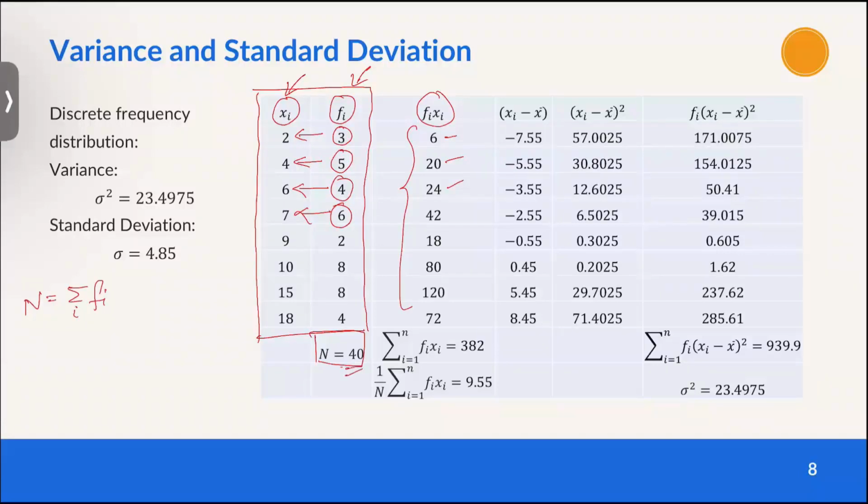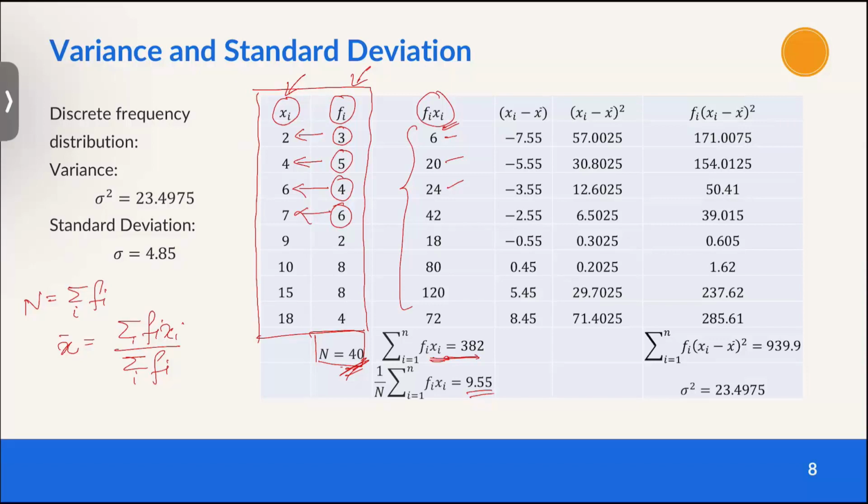We got 40 observations. And we will also sum fi xi. Why do we need the sum of fi xi? To calculate the mean. So x bar is equal to summation of fi xi by summation of fi. Remember, this is the mean. So summation of fi xi is 382, and when we divide it by 40, we get 9.55.